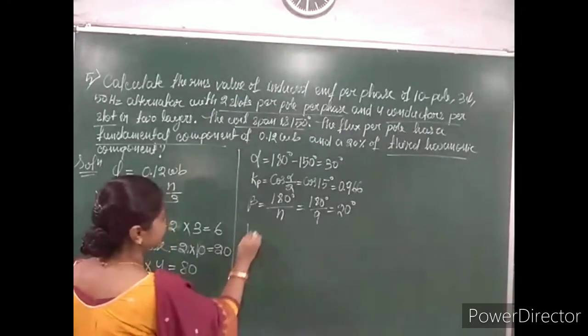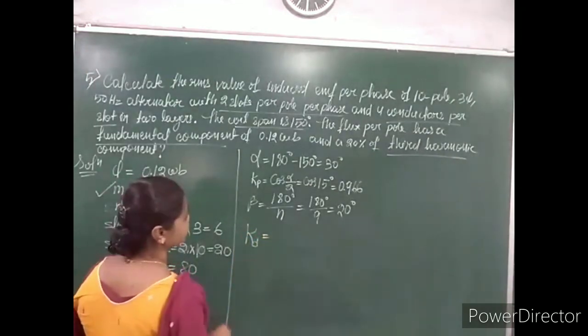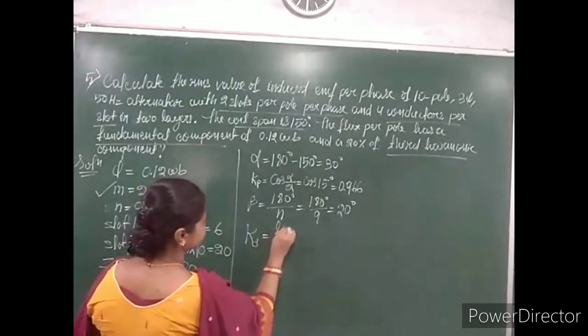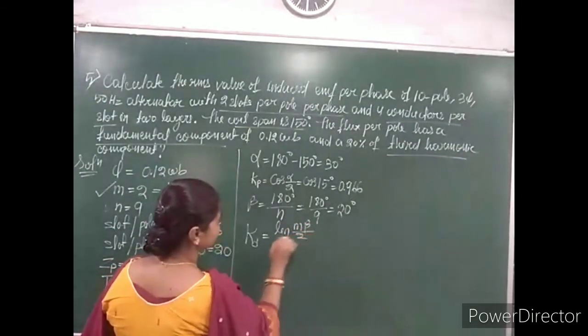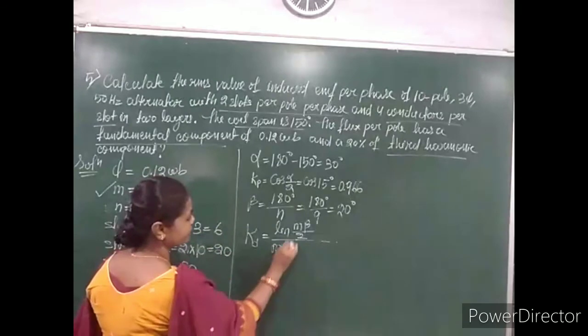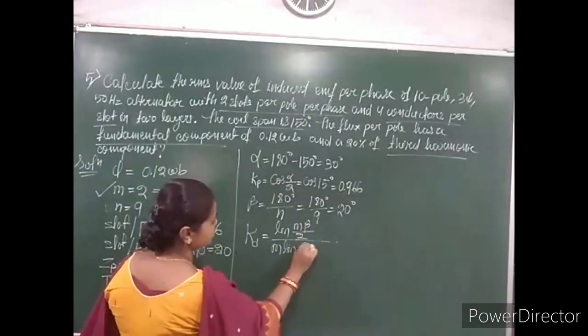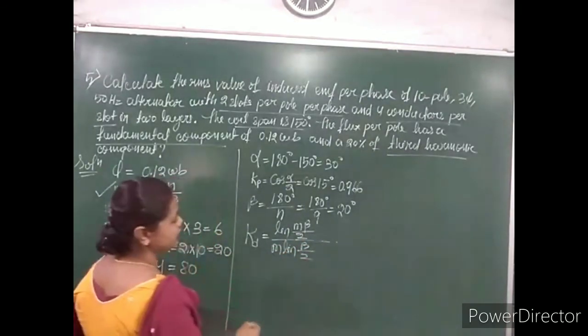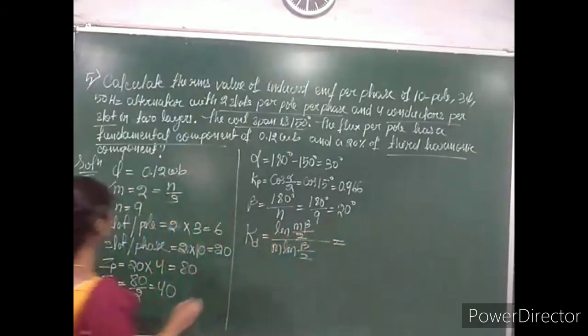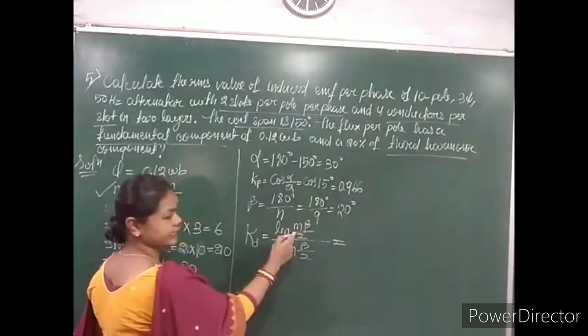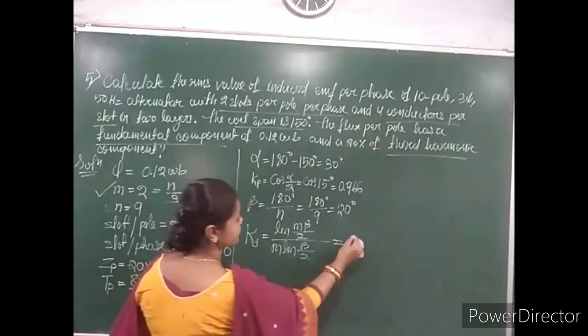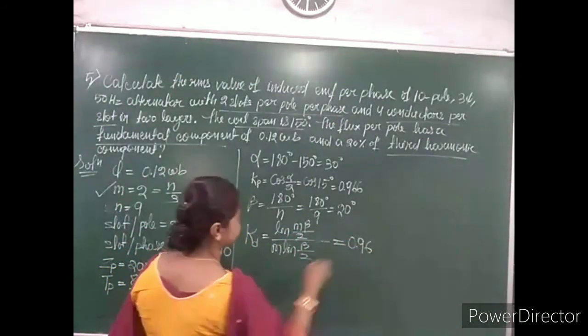So you find distribution factor, that is sin m beta by 2 divided by m sin beta by 2. Here you put the value of m as 2 and beta as 20 degree in this equation, which gives the value of 0.96.